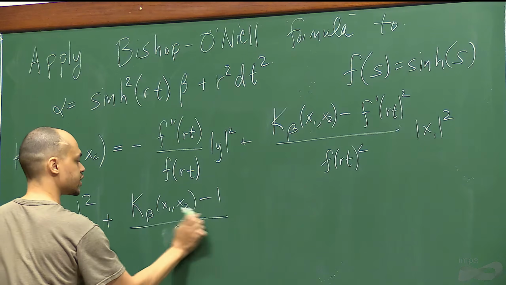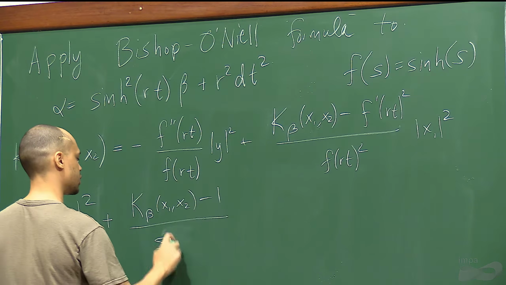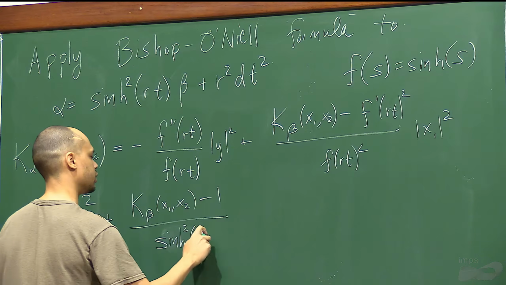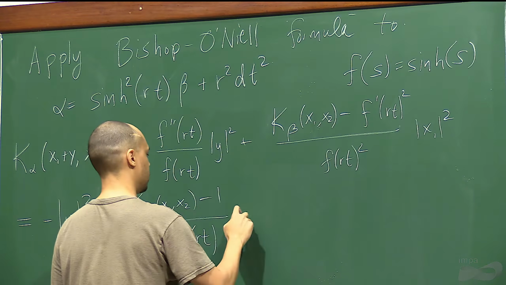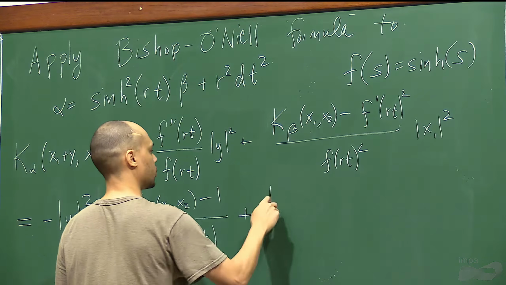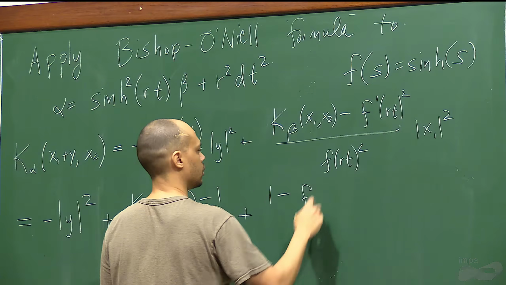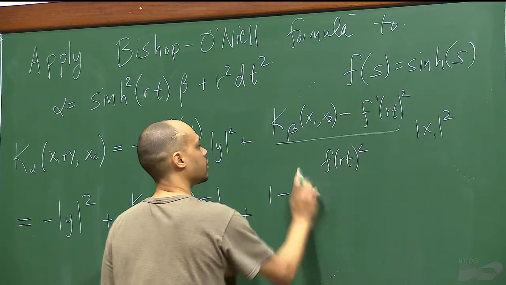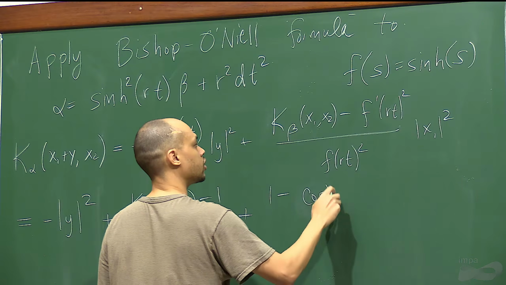So f is sinh, so sinh squared RT plus, so this is cosh.